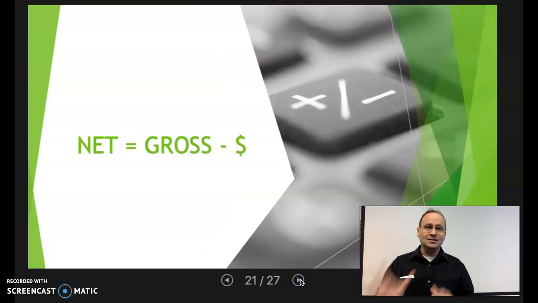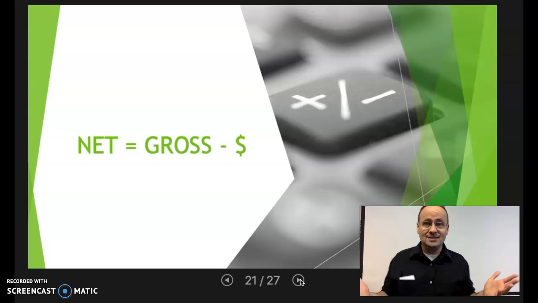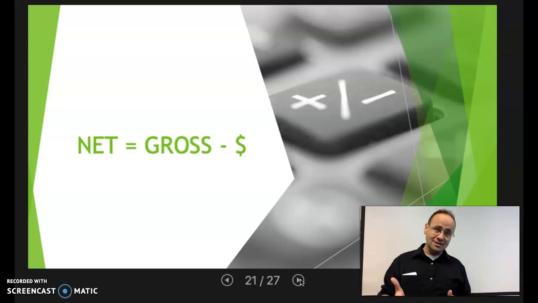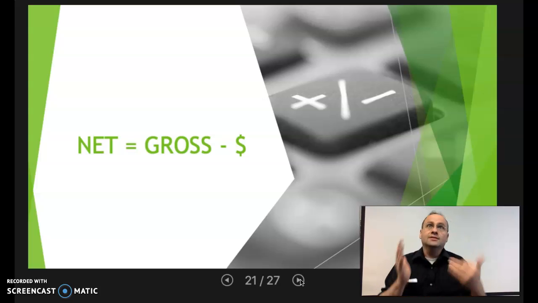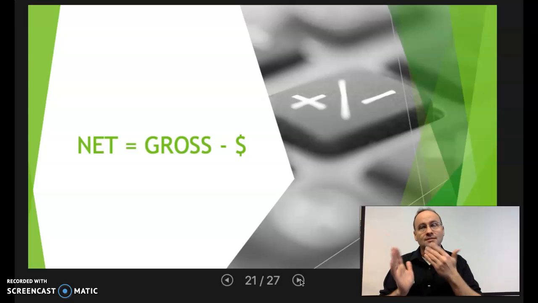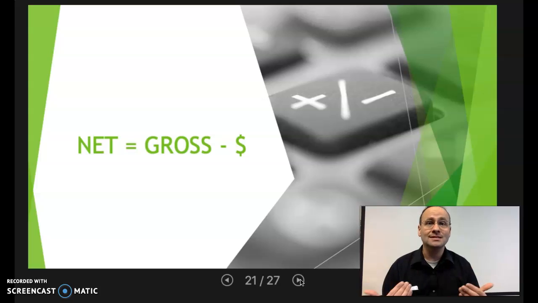I'll put a little math equation here that you can see. So gross is that big amount that you would often tell someone, this is how much I make. Net is after the money has been taken out. You get your pay stub, you look at it, this money went there, this money went there, and these people got my money, and now I'm left with what's at the bottom.